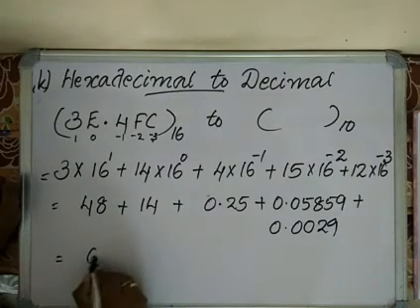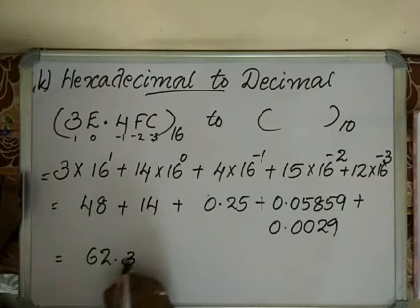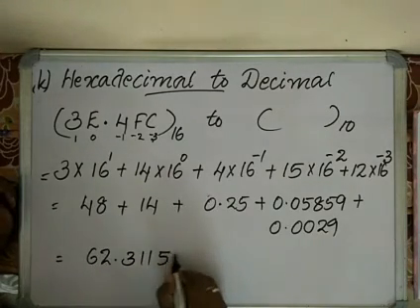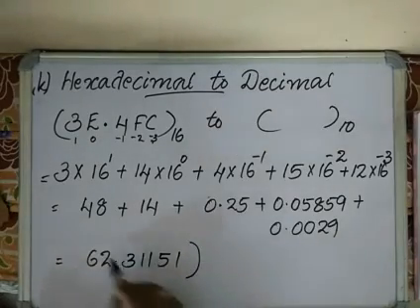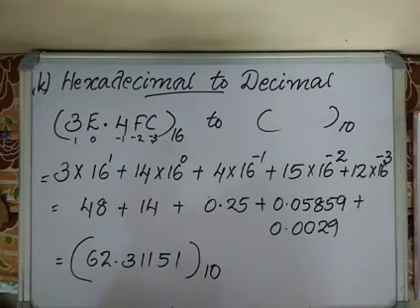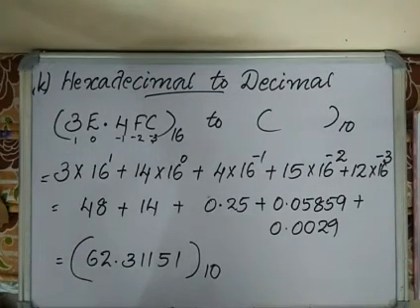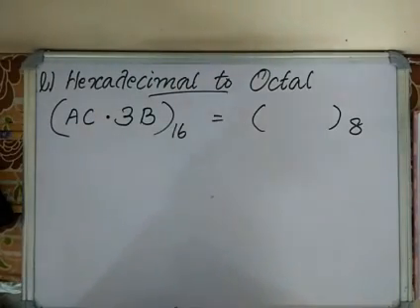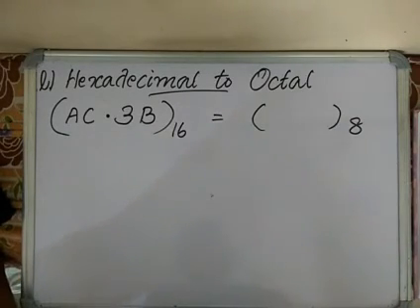So the result is 62.31151. Okay, so the equivalent decimal for the given hexadecimal 3E.4FC is 62.31151.